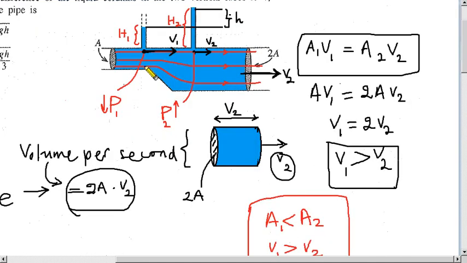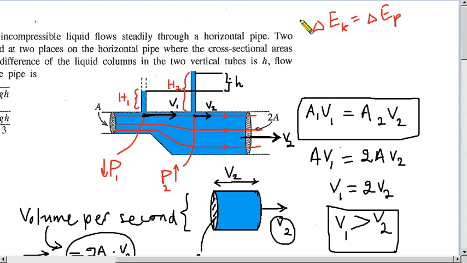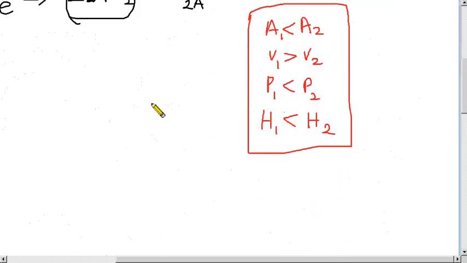So now what we have to do is, as I said, apply this principle: the kinetic energy change must be equal to the potential energy change. So let's write the kinetic energy change. Normally we write kinetic energy how? Half m v squared. But as I explained, and as you must have learned in that lesson, we always use the kinetic energy of 1 cubic meter, not the mass.